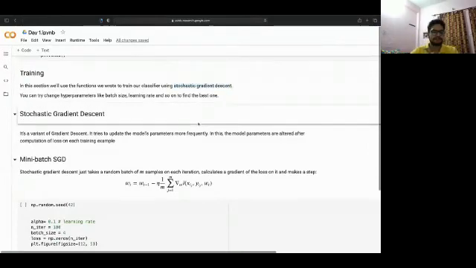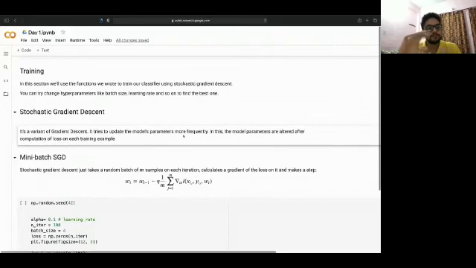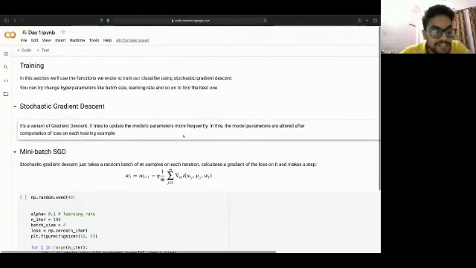I talked about gradient descent, right? When you program a gradient descent algorithm, you calculate the gradient of all the samples at the same time, which is computationally very intensive.